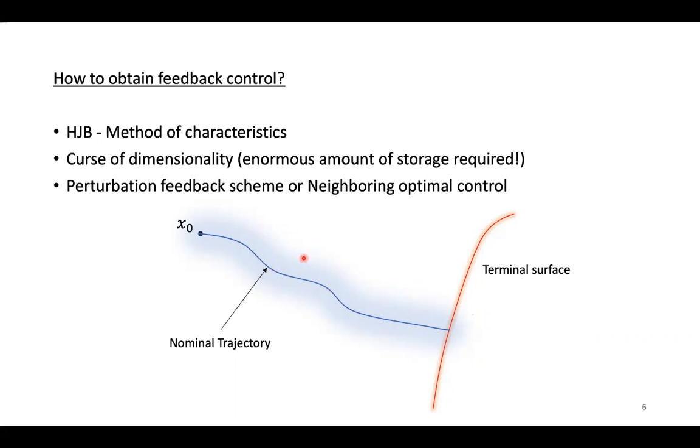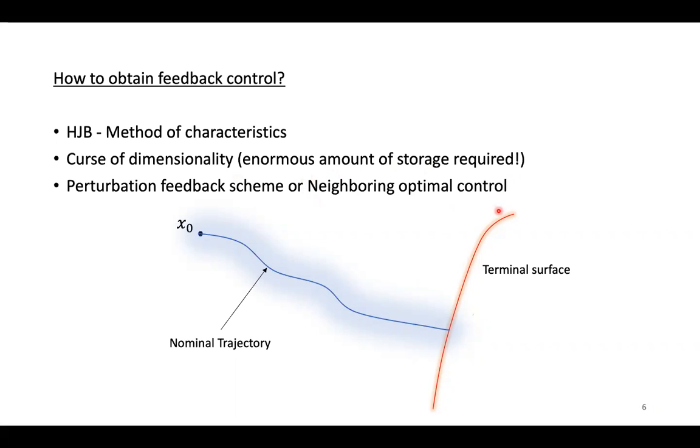That amount is quantified using some guarantees that you would get out of some assumptions, but under small variations around this nominal trajectory, you can still talk about feedback control using this simple, or I shouldn't say simple, because it's a very powerful idea, the neighboring optimal control.